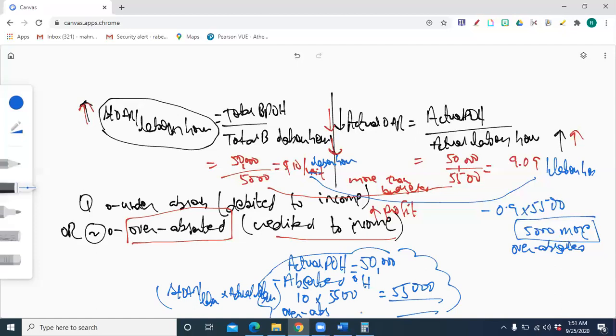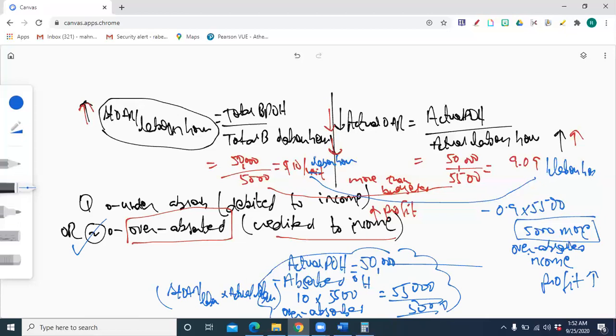If either rate is more or total absorbed is more, that means it's over absorbed, and over absorbed is your income. Income increases your profit, and income is credited to the income statement. So which is the right answer? Option 2 in this case. The situation will lead to over absorption of 5,000. So it's so easy to identify.